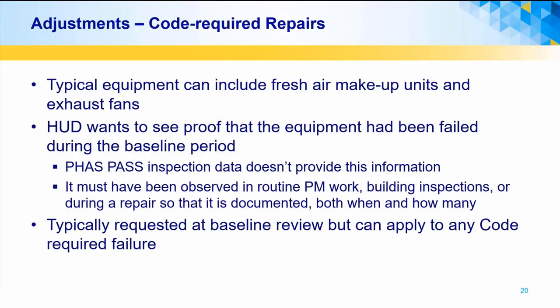Returning equipment to code is covered by statute and regulation. A common situation is when exhaust fans or makeup air units have failed and been left disabled in place. This can result in less fresh air than is required by building codes. Some types of equipment failures reduce energy use and therefore suppress the baseline data.